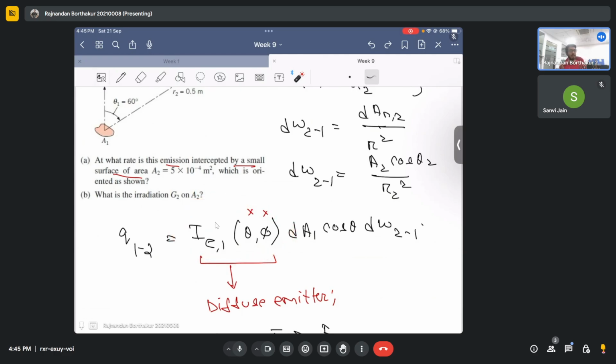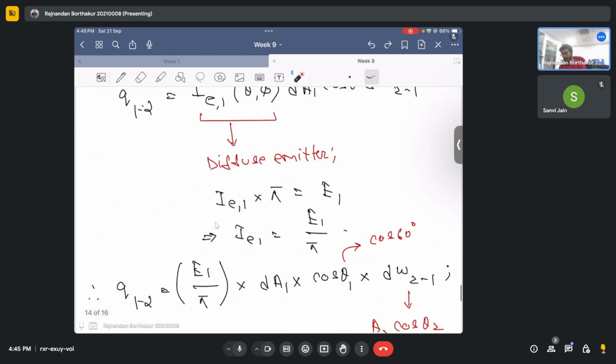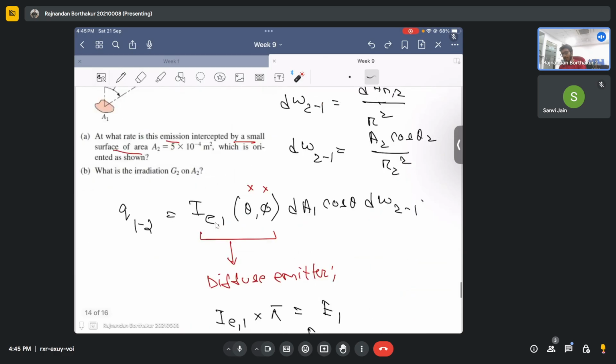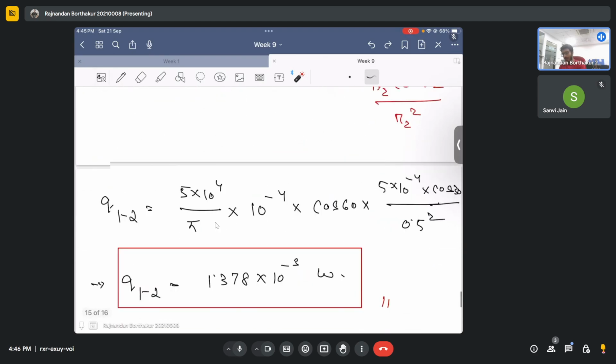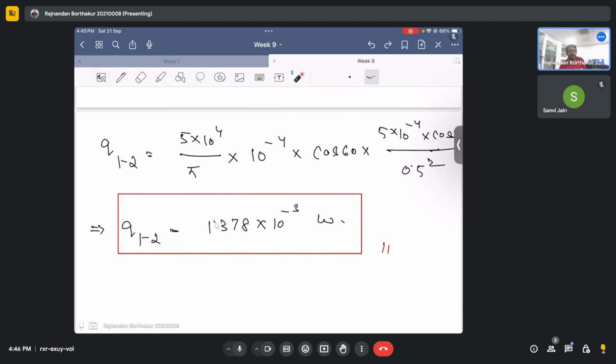When you say emissive power, it indirectly means the hemispherical emissive power only, for a diffuse body, of course. And since we know the value of the hemispherical emissive power, we know this E1, and all those things come from the fact that there is an area which is normal to this direction, and the solid angle that is subtended by the area 2 on the area 1. Once all those things are known, it is sufficient for us to find out the radiant energy that is leaving from one surface and is intercepted by the other surface. And this is basically the answer.